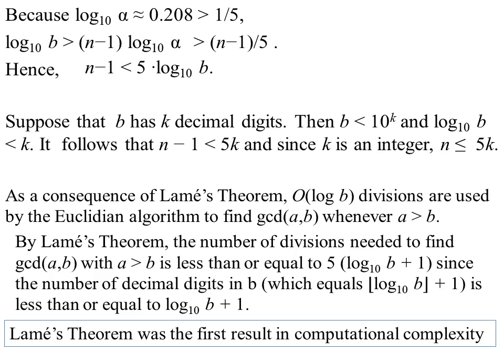We all know that alpha is equal to 1 plus root 5 whole divided by 2. When you find out the value of log alpha base 10, it approximately comes to 0.208, which is greater than 1 by 5, because 1 by 5 is 0.2.